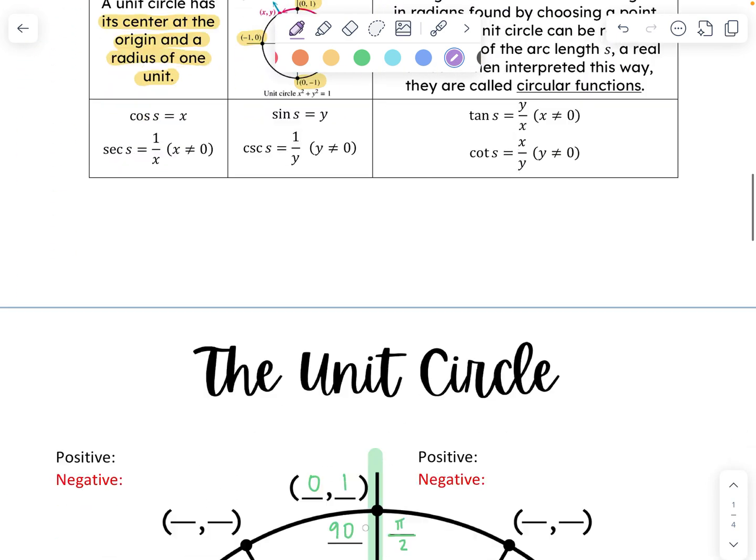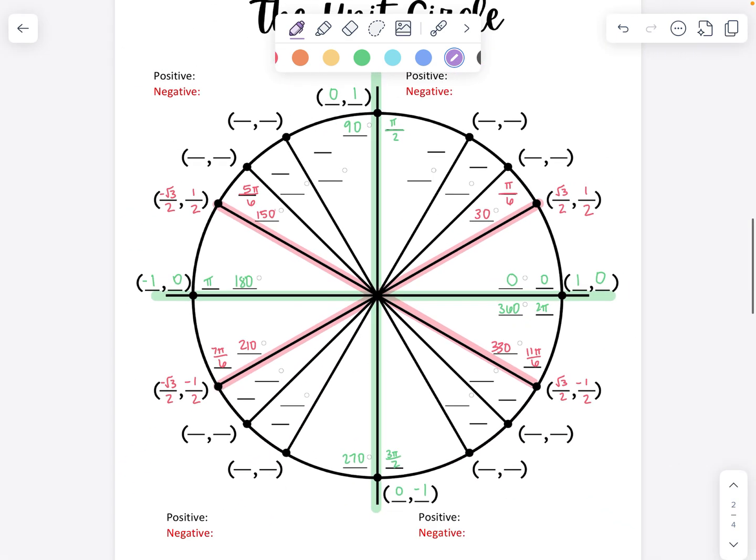So when I come over here, my 45-degree angle is my next angle up right here. And remember, we've got to match it in all of our quadrants. So it's got to go over in quadrant 2, quadrant 3, and down here in quadrant 4. So we're going to have to use our reference angles to help us out.